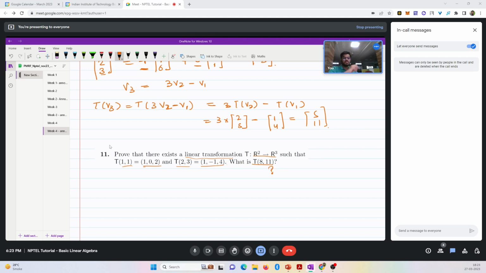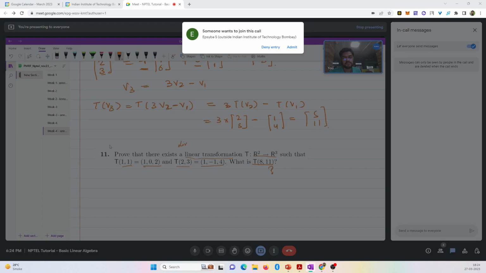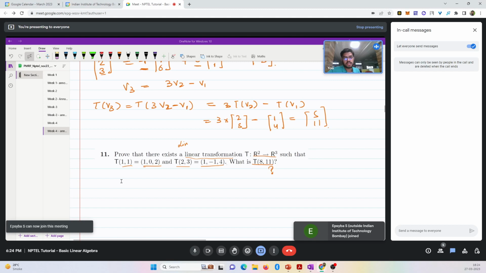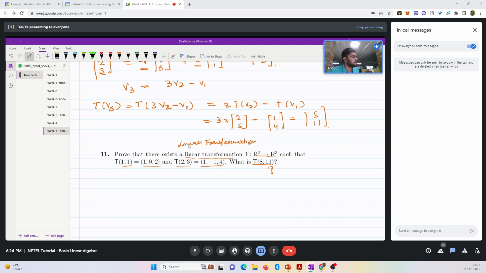So if you want to show existence of some quantity, if you can build that linear transformation, then that will surely show that it does exist, right?